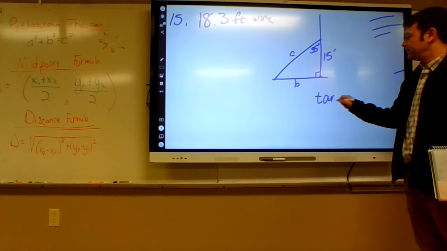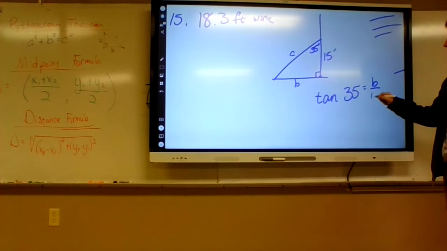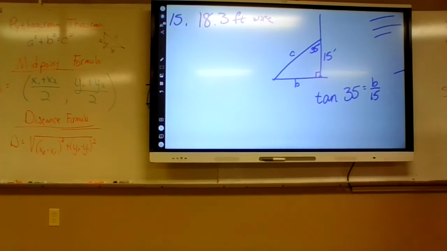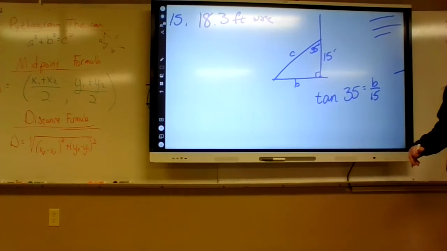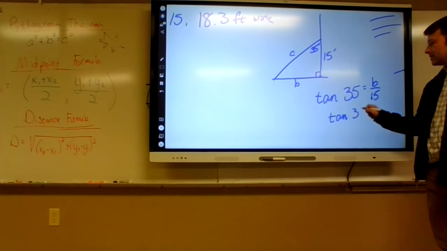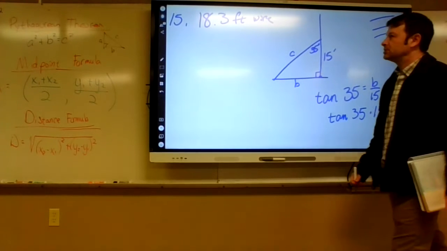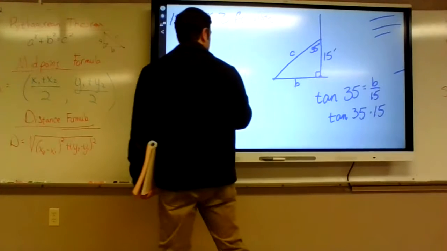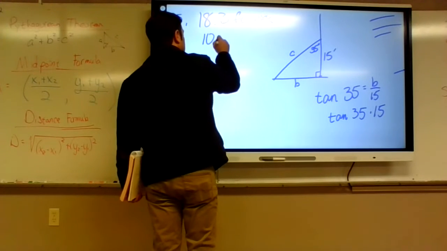So tangent of 35 equals opposite over adjacent. Now how do we do it when B's on the top? You multiply by 15. Tangent 35 times 15 is 10 point.